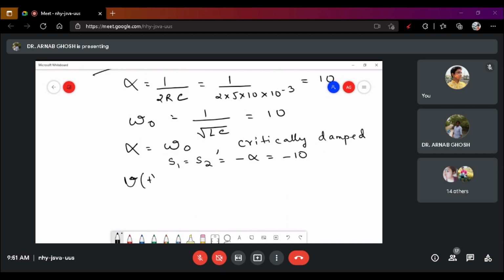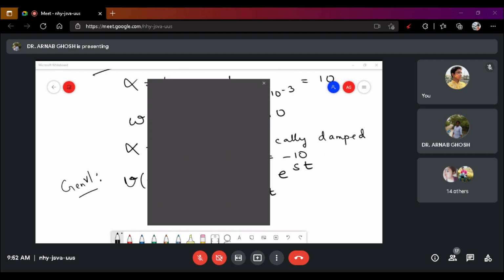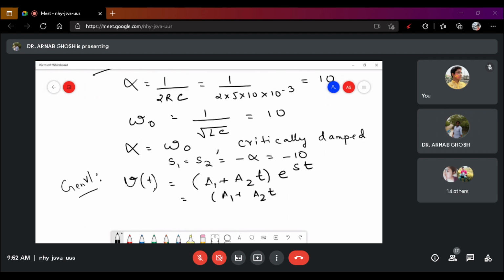If you remember, the general expression of Vt, this is a general expression I am writing for the critically damped case: (A1 plus A2 t) into e to the power st. So here this will be (A1 plus A2 t) into e to the power minus 10t.